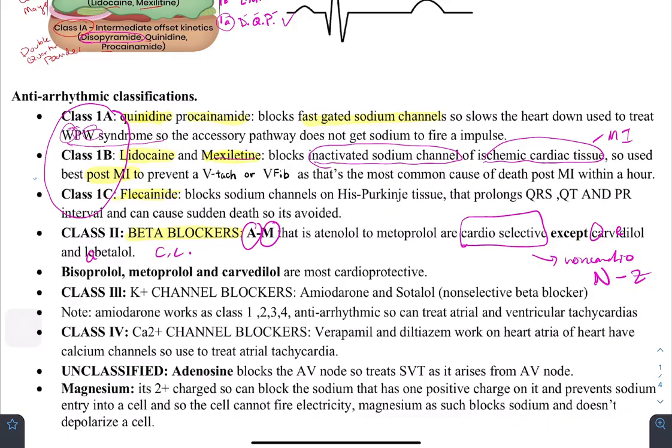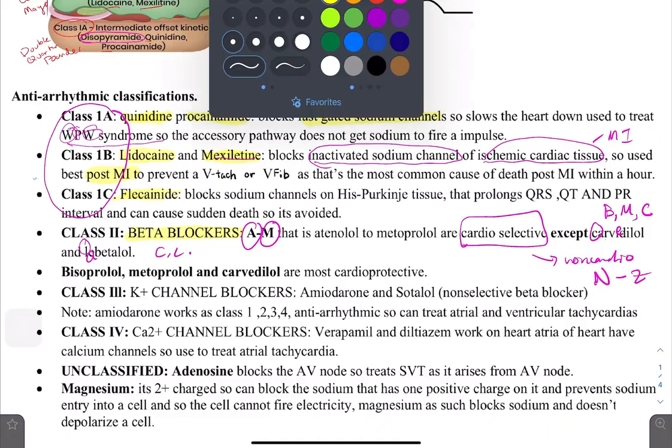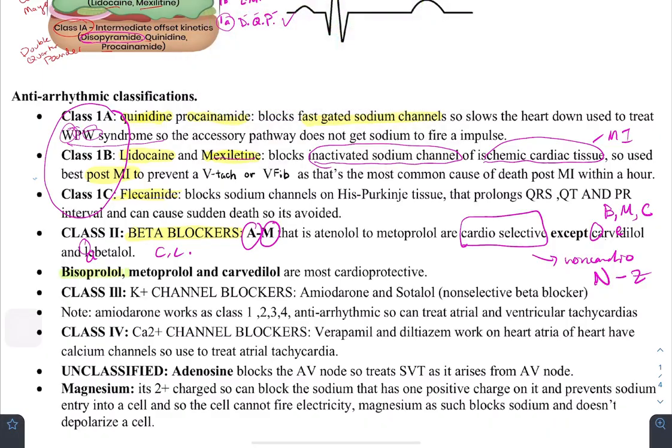So labetalol, for example, is quite useful for hypertension in pregnancy, L as in labor. And carvedilol, together with B and M plus carvedilol, which is C, BMC, they are the most cardioprotective. B and C are the most cardioprotective.